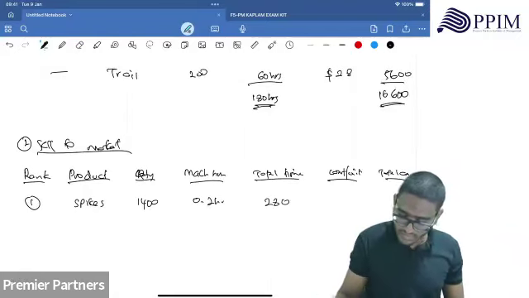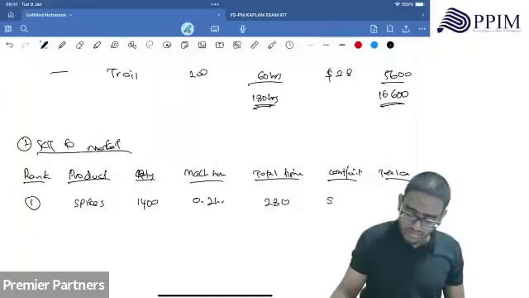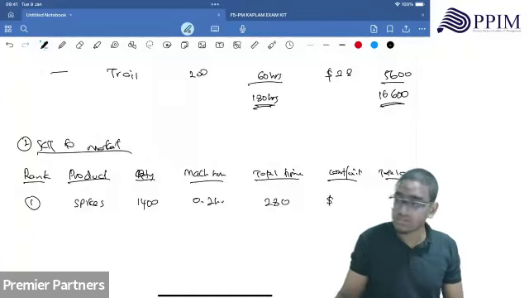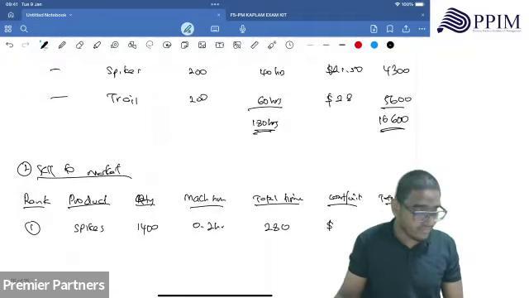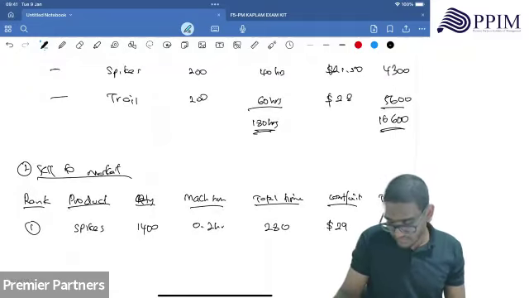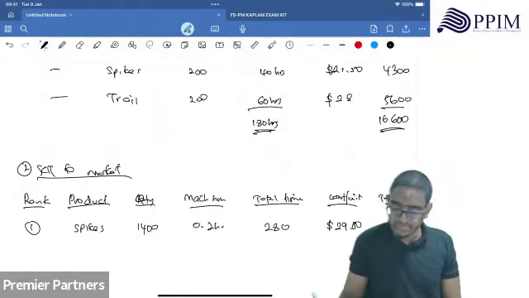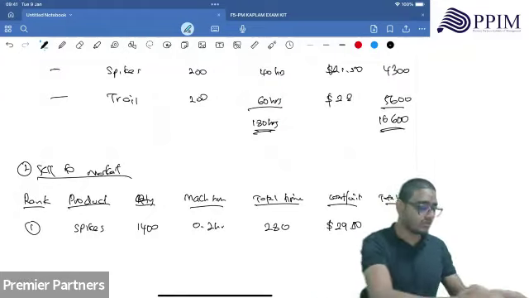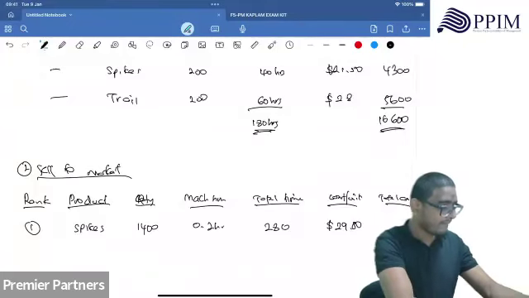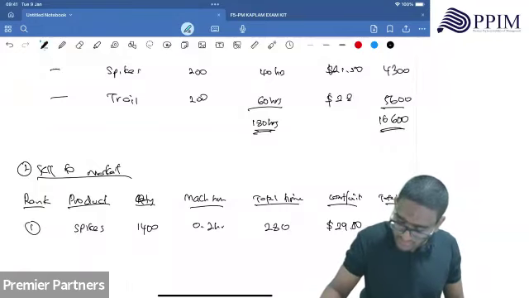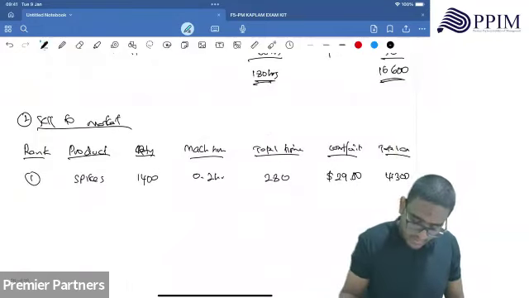Yeah, 280. The contribution per unit was 29.5. So 29.5 multiplied by 1,400 should give you 41,300.